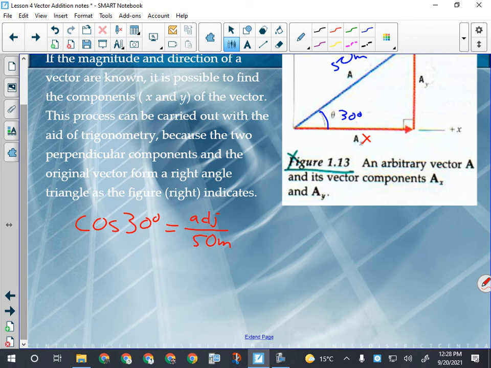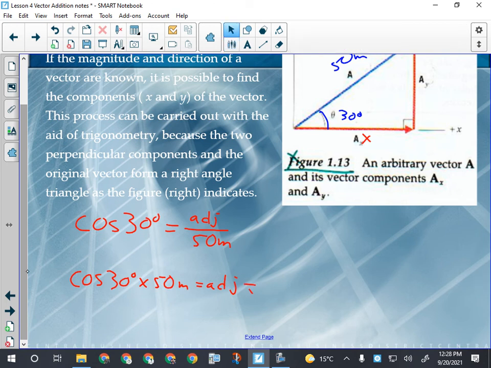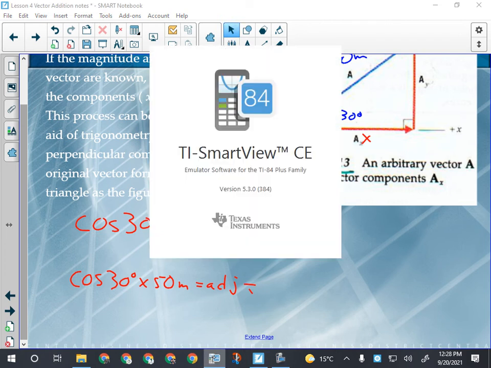Times by 50 meters. So I'm going to have the cos of 30 degrees times 50 meters equals the adjacent side. So when I punch that into my calculator, it's going to be 43 point something.